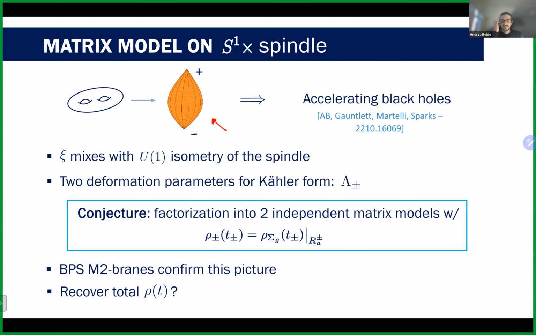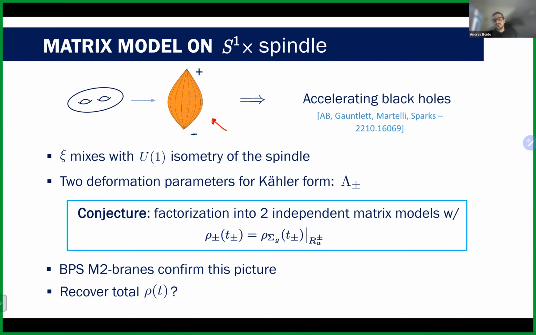There have been quite a bit of results about spindle solutions in the last few years, and it's now clear that solutions of this kind, with the spindle instead of the Riemann surface, describe black holes that are also accelerating.